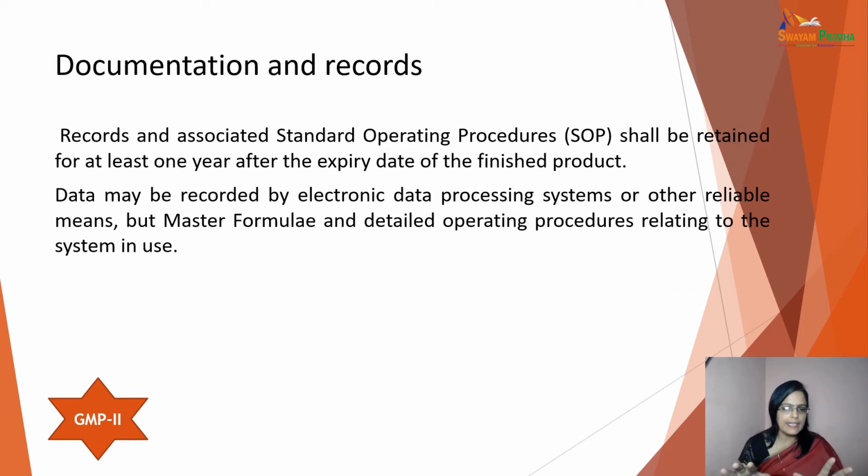Data may be recorded by an electronic data processing system or other reliable means, but the master formula and detailed operating procedures relating to the system in use shall be available in hard copy to facilitate checking the accuracy of records.